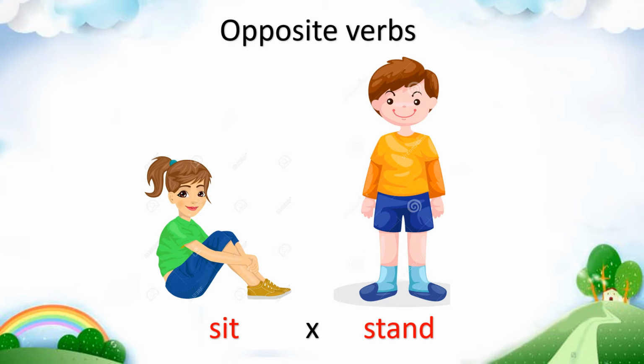So sit opposite stand and stand opposite sit. Sit and stand are the opposite verbs. We can say walk, run. These are action words.